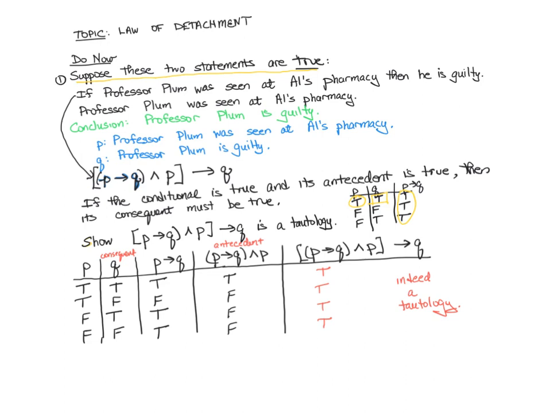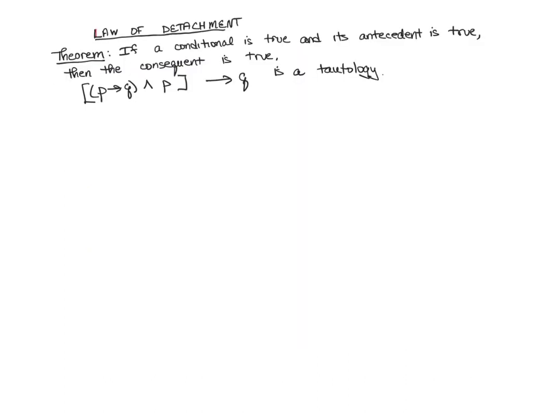Okay, let's re-summarize it on the next page and discuss another way to write this. So I rewrote the law of detachment for you here again so I could refer to it. We proved it using the axioms for a conjunction and a conditional. And now whatever we prove we call a theorem. In mathematics, a tautology is a compound statement which is true regardless of the truth values of the individual simple statements that it contains.